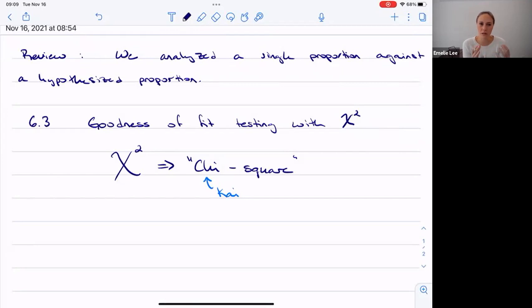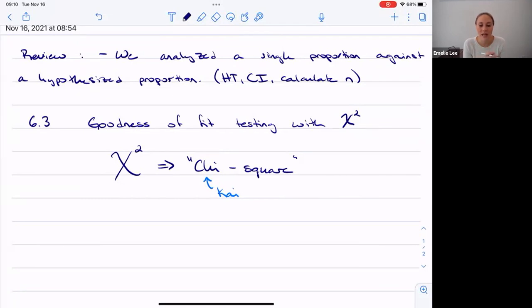There were lots of things we could do: a hypothesis test, a confidence interval. We even looked at calculating n, the sample size, right? So we looked at a single proportion, and we did a bunch of stuff, and we used it to introduce the ideas around hypothesis testing and confidence intervals, especially.